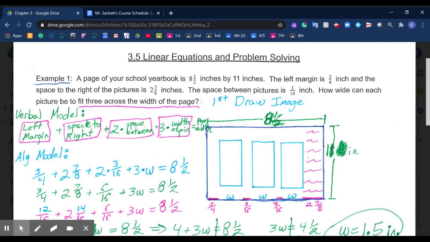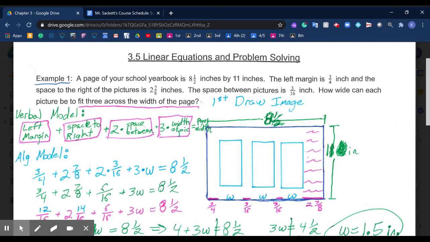So we have a space to the right of the pictures of 2 7/8 inches. In between the pictures, there's 3/16 of an inch. How wide can each picture be to fit 3 across the width of the page?